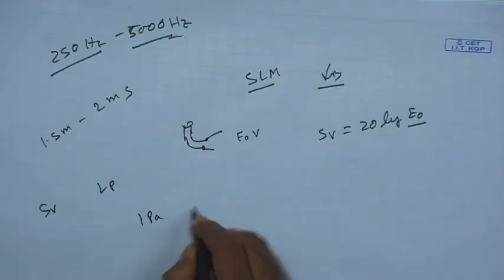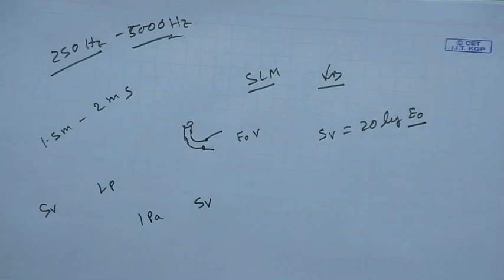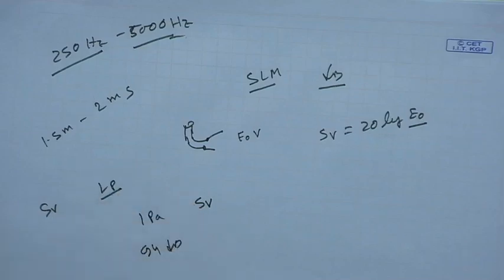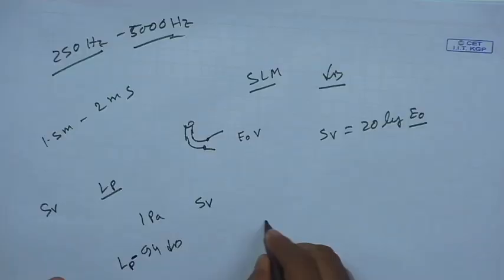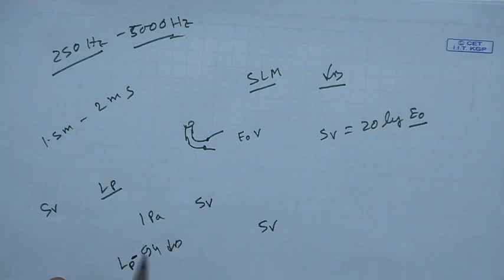I said that at 1 Pascal sound pressure, the sensitivity is SV, and 1 Pascal means 94 dB sound pressure. So, if LP is in dB, with respect to 1 Pascal sound pressure, the effective level is LP minus 94 dB, because at 94 dB it is SV. So, at LP it should be LP minus 94 dB.